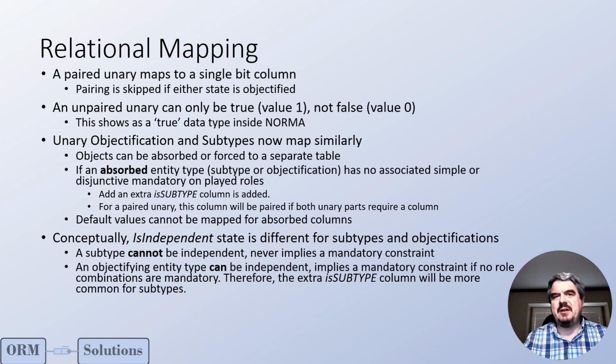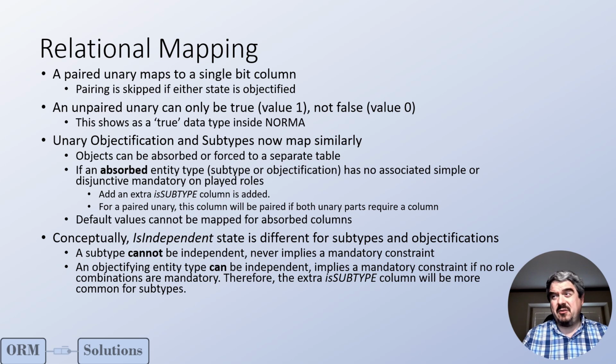You can also be asserted only, meaning there's absolutely nothing else on there that can indicate that you are a subtype. And then there's in between. I play mandatory roles, or sorry, I play only non-mandatory roles. So I know I'm of that subtype if those roles are played, but if you don't play those roles, you need another marking that says, well, I am of the subtype.